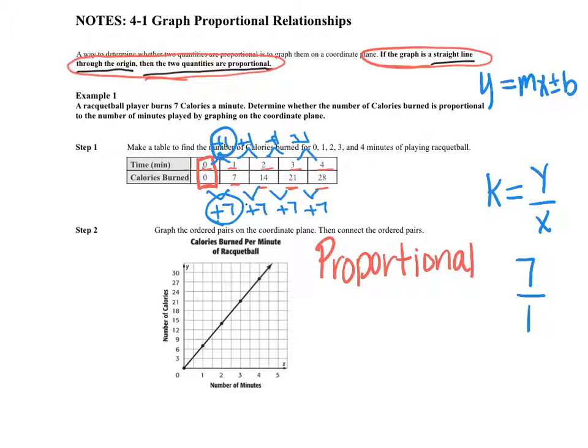So remember that this little thing right here is also K. It's also unit rate and all those things, but K is the primary thing we're looking for here. So if it's proportional, it goes through 0, 0, so that means there's no b. So I would write this equation as y equals 7x, because it's multiplying by 7, and I'm going to insert this into my equation right here.